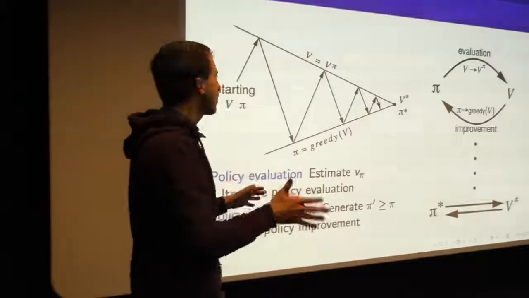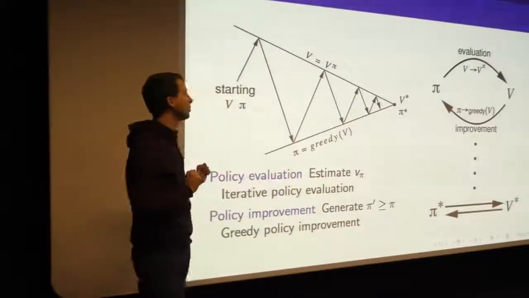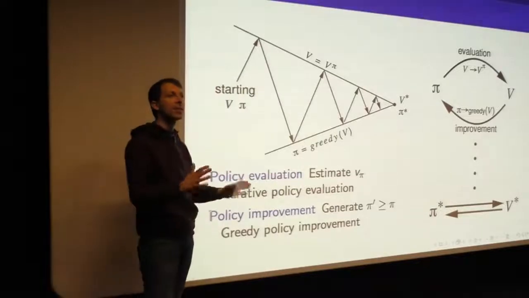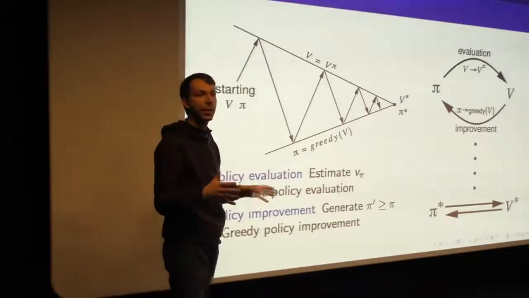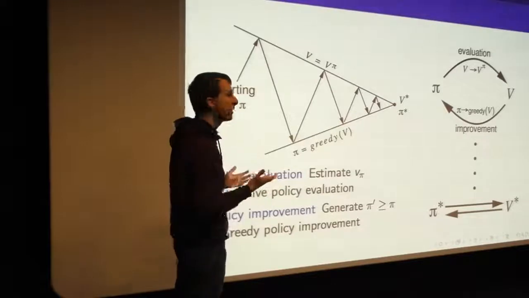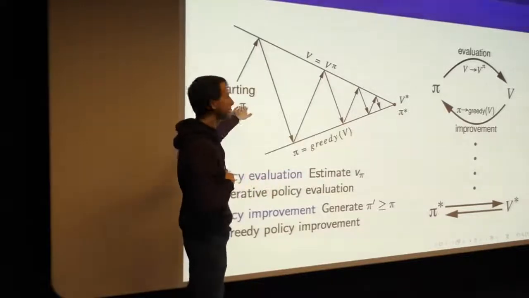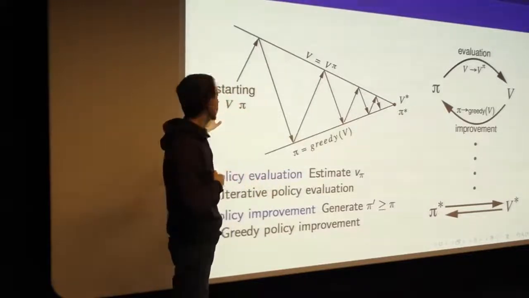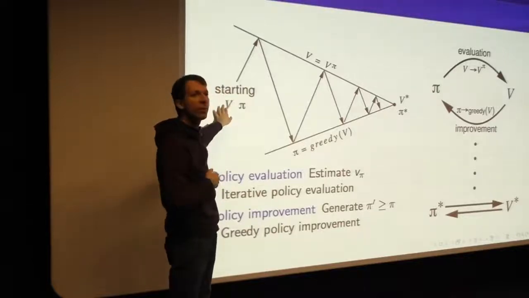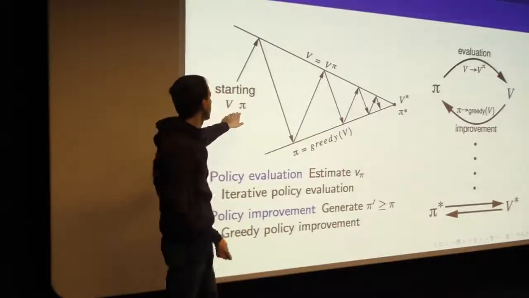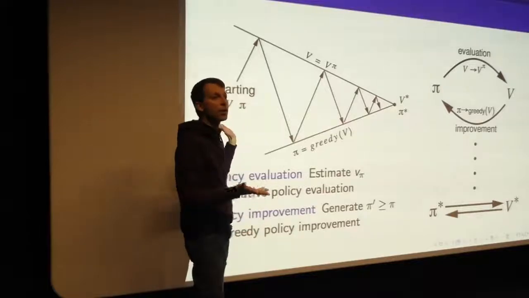Okay, so in one picture, this is the idea that we're going to be using again and again, not just today, but in many subsequent classes as well. You start off with some inputs to this process: some arbitrary value function, like all zeros, and some policy.